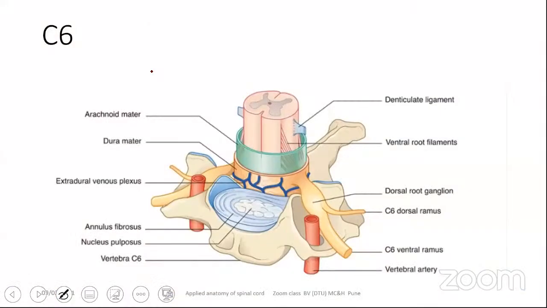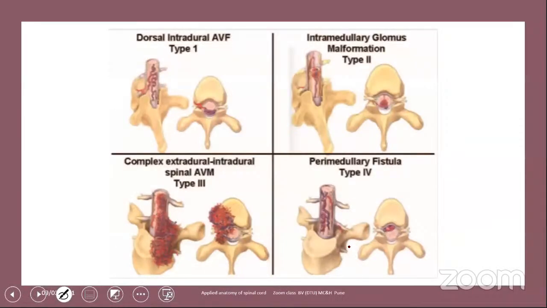And you can see that this is the arachnoid mater, the pia mater surrounding the spinal cord, and this is the dura mater, and this is a venous plexus, the extradural venous plexus or Batson's plexus. You can see the intervertebral disc, and this is the C6 vertebral level, and the dorsal root ganglion, and the dorsal ramus and the ventral ramus, which we discussed a lot, and the dorsal intradural venous malformations.